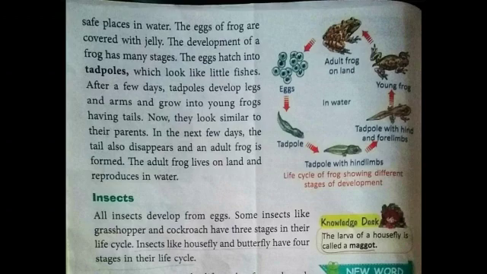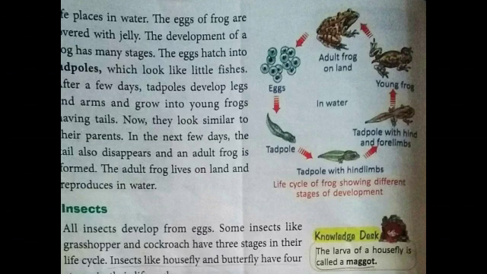The adult frog lives on land and reproduces in water. As you know, a frog can live in water as well as on land. That is why they are called amphibians.